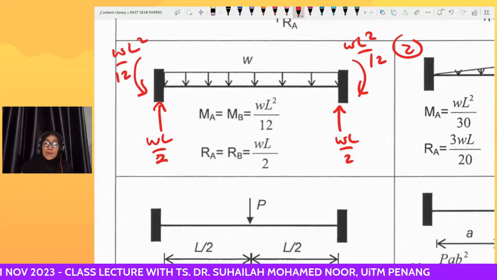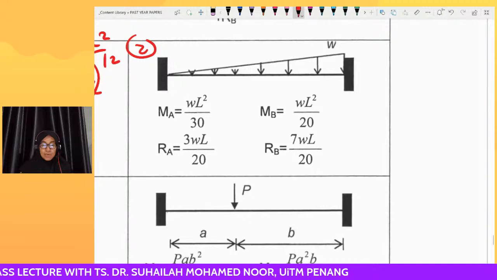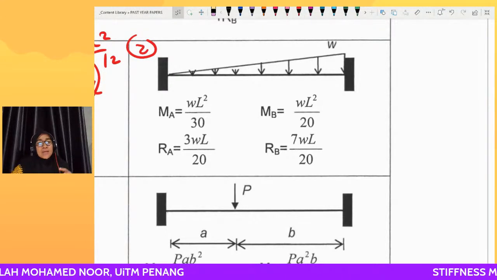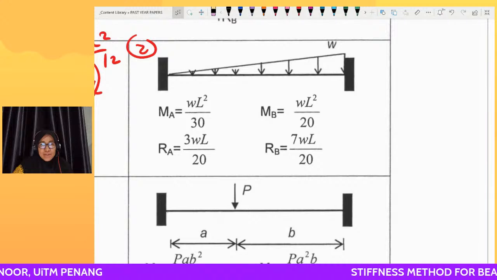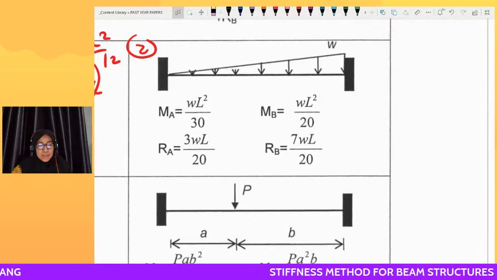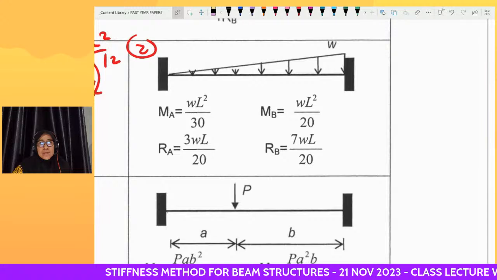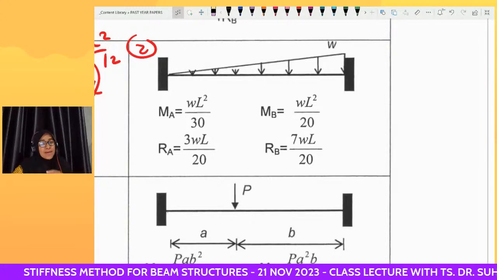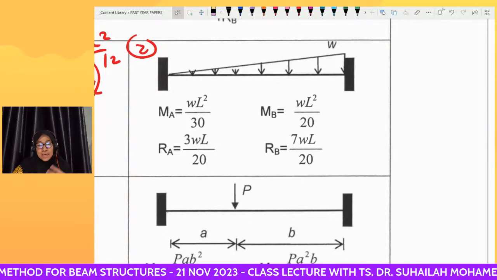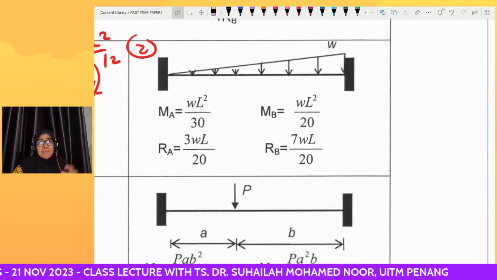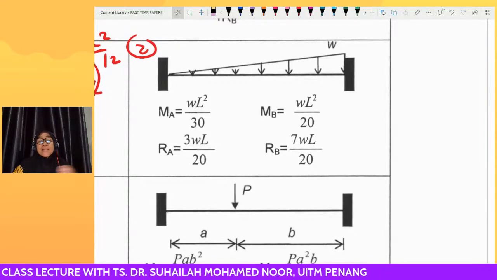However, when we have a triangular load, the vertical reaction at A and B, as well as the moment at A and B, are not equal. So that is why we call this equivalent. It depends on the geometry of the loading.